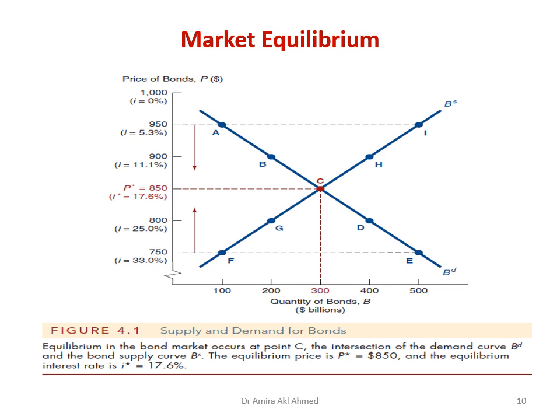Hence, the equilibrium price, or what is known as the market clearing price, is $850. Similarly, the equilibrium interest rate, or what is termed the market clearing interest rate, is 17.6%.